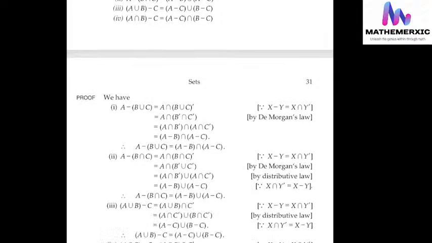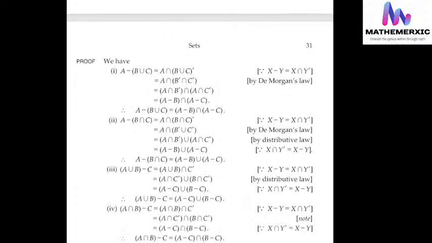A minus B union C is A minus B intersection A minus C. So a lot of other stuff is there. A minus B intersection C is A minus B union A minus C.